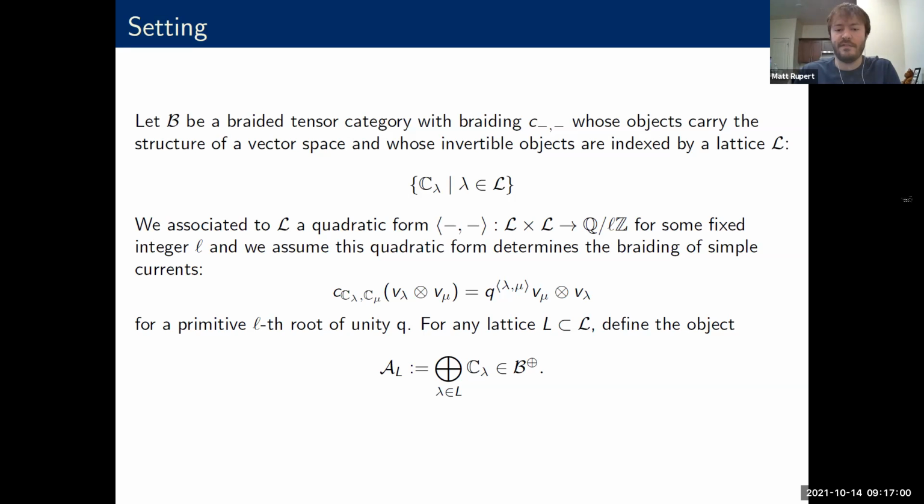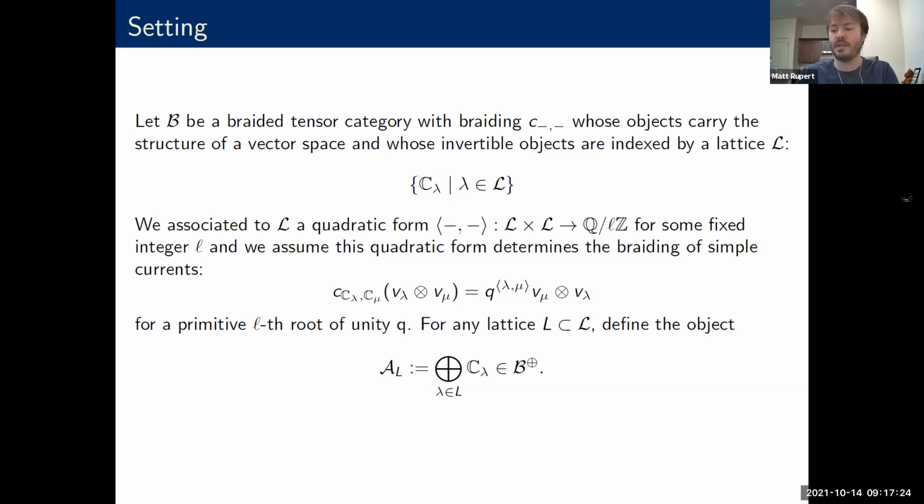We associate to this lattice a form for some fixed integer L, and we assume that this form determines the braiding, the action of the braiding in this category on tensor products of invertible objects. Sorry, I switched my language here. Simple currents are the same as invertible objects.